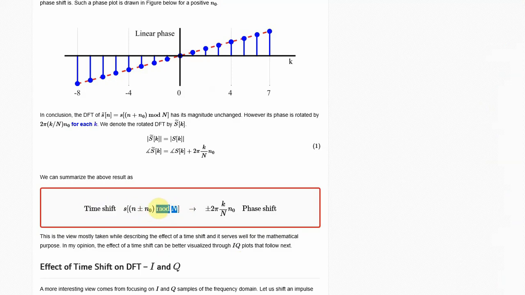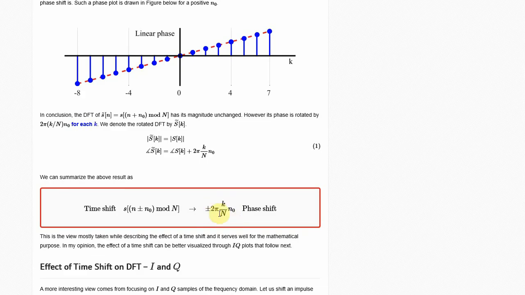Right now we don't discuss mod N, but this is always implied. We are talking within a circular region of NFFT samples. So the argument for the shift is minus 2 pi k over N times n naught. In this case, capital N is the NFFT, in our case 32. Bin number is 1, so k equals 1. The delay is minus 1 because it's a delay. So minus 2 pi 1 over 32 into 1.